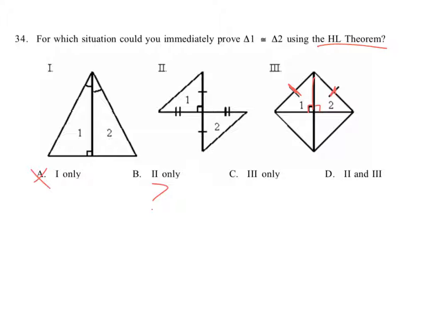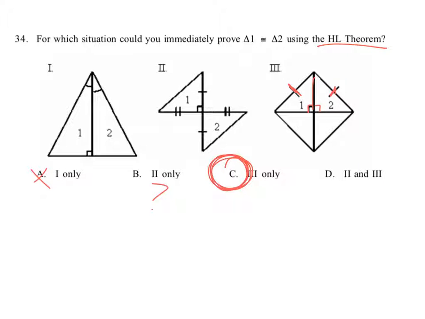They do say that you would have to figure that out. That's not something that's given to you right straight away. So they're not counting pair 2 as having that. So what we're left with is simply pair 3, and that would be answer C.